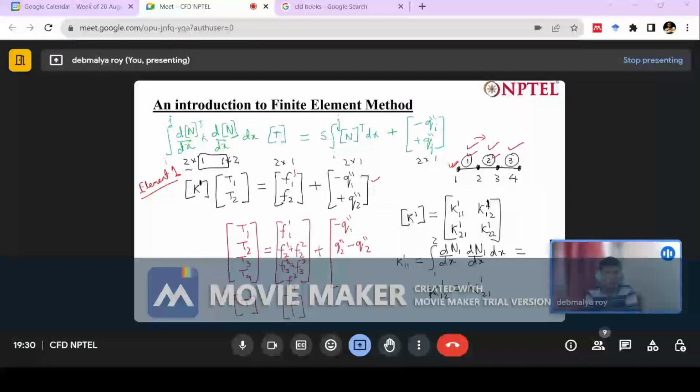Similarly, for the third point you will have plus Q3 double dash and minus Q3 double dash, and that will give you 0 as well. So all the points in between will have 0. Only the endpoints will have some fluxes remaining, which can be given as boundary conditions, basically.